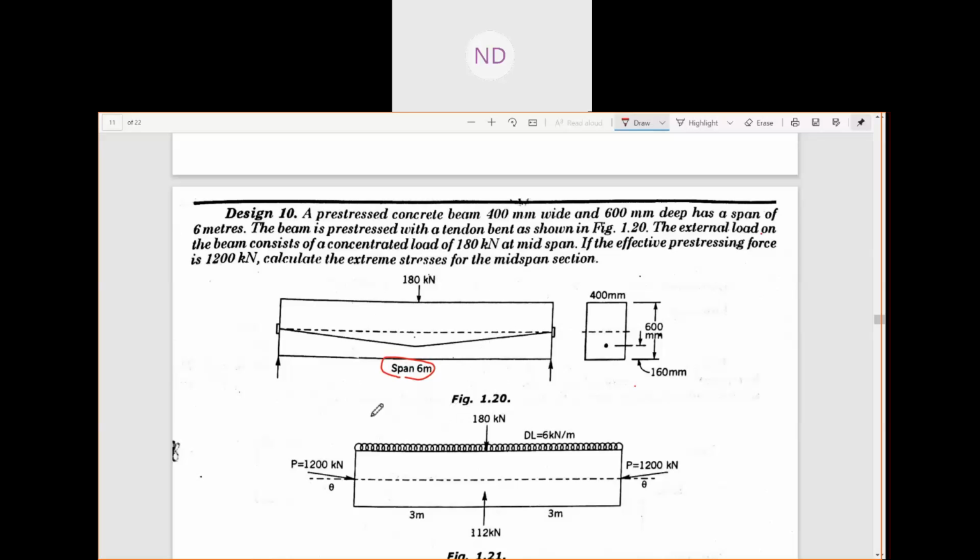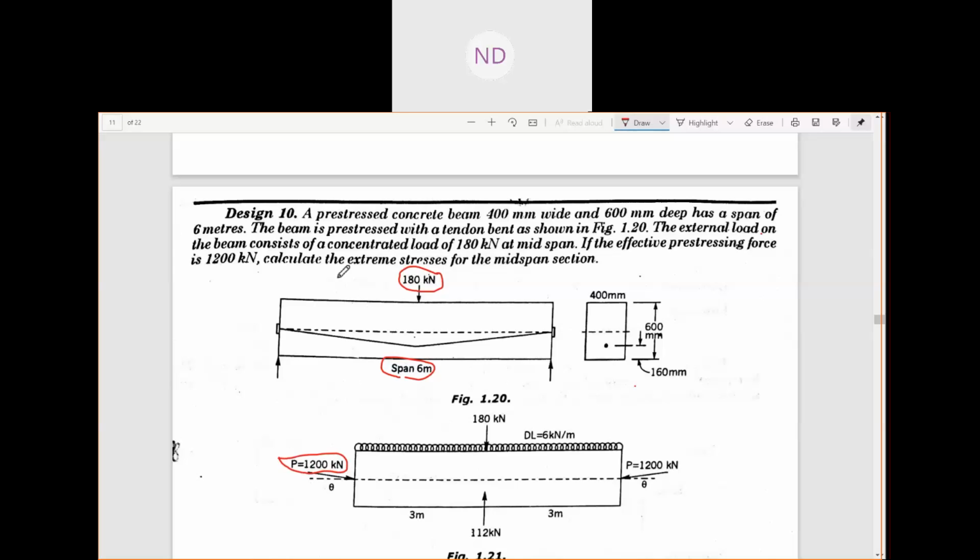The external load on the beam consists of a concentrated point load acting here at the midspan, and the effective pre-stressing force is 1200 kilonewton, which is also given to you here.